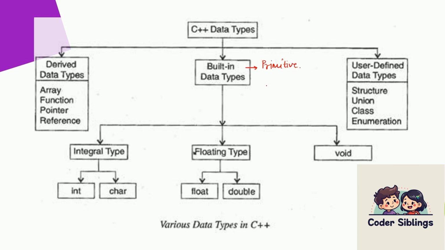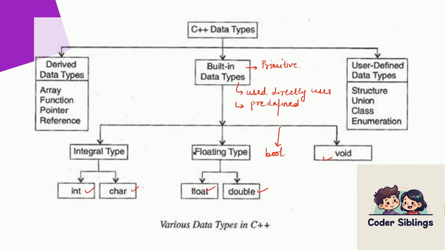They are built-in or predefined data types and can be used directly by the user to declare variables. These are predefined. Examples are int, char, float, double, void. Another one is bool, which is not mentioned here. All of these will be discussed in the next slides.